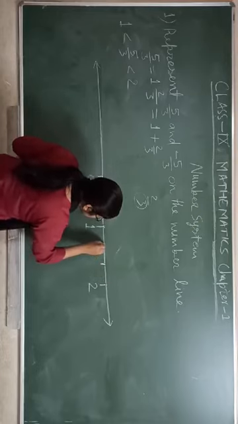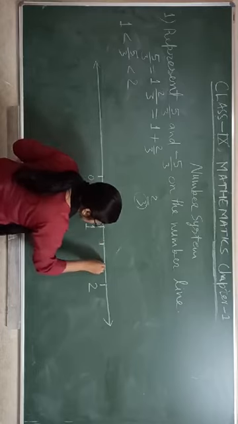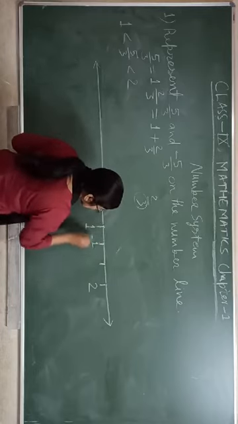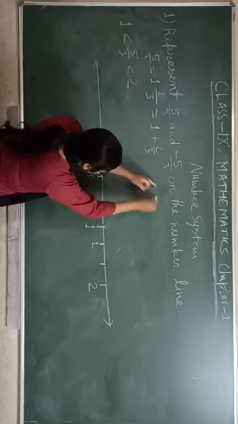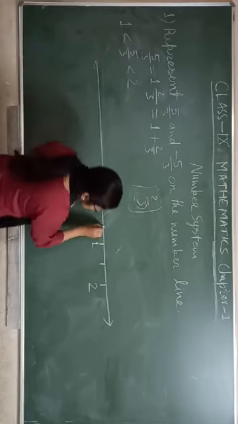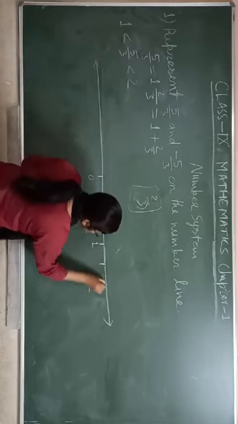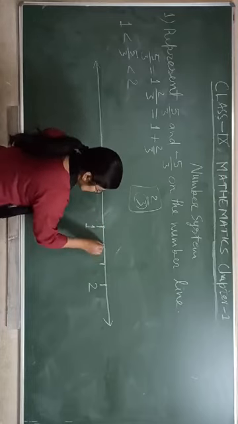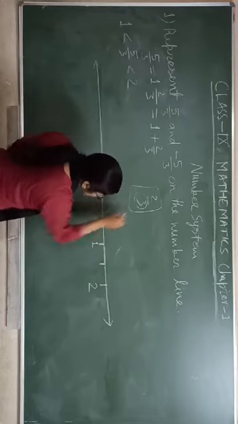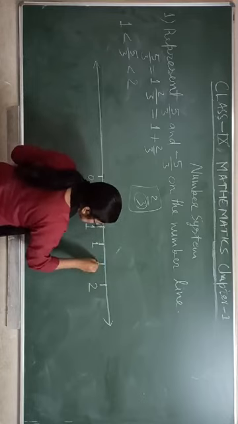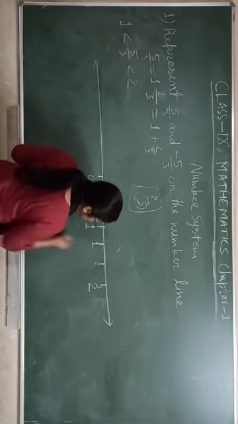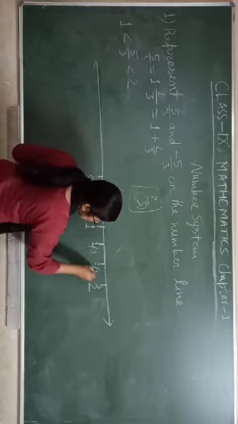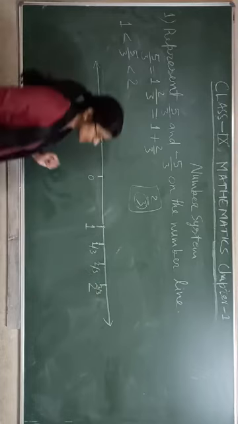For drawing 2 by 3 in between 1 and 2, we will count this as 0 and draw 3 equal lines here. 1, 2 and 3. Then by 3, by 3, by 3.